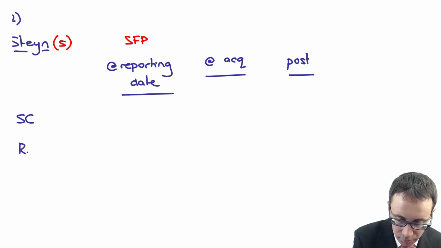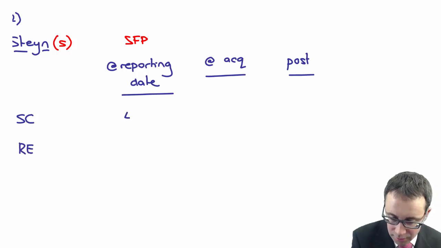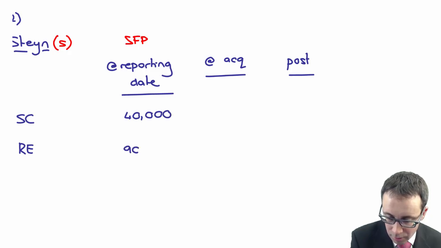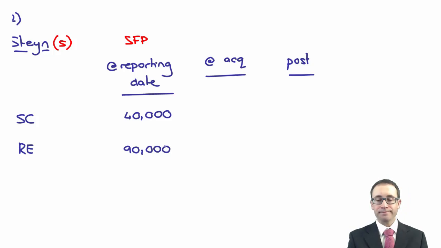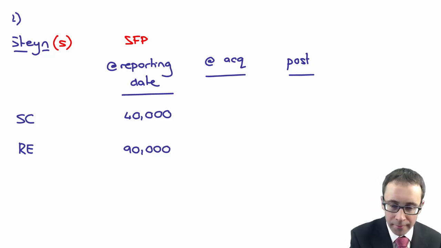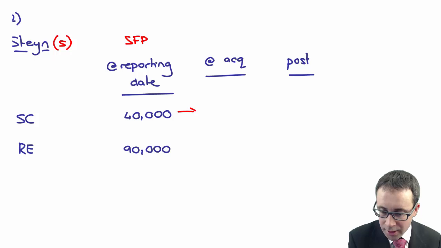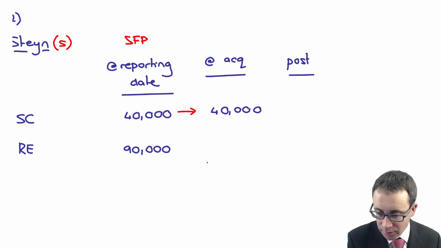So share capital, retained earnings, 40,000 and 90,000. Excellent. Remember, the share capital at the reporting date is exactly the same as what you have at acquisition. So that there is 40,000.